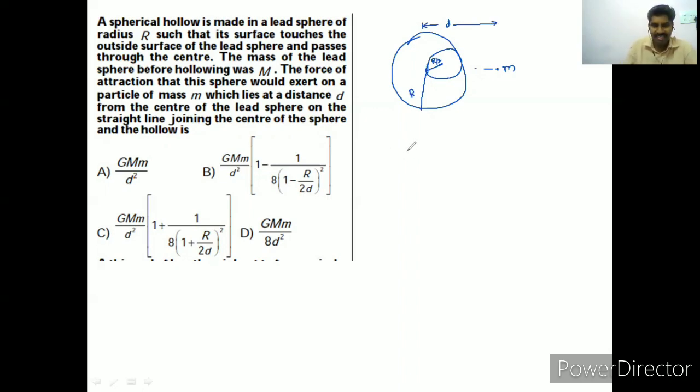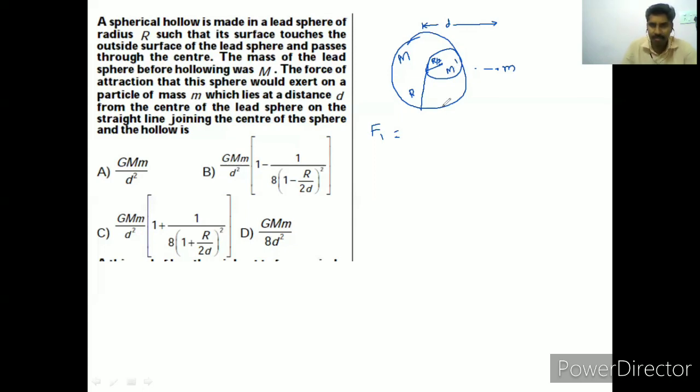Now, first the gravitational force between the spherical mass and the particle mass. So I will write the first gravitational force is equal to the force between the spherical mass m and the particle mass. This mass I am taking m. So this removed sphere mass I will take m dash.